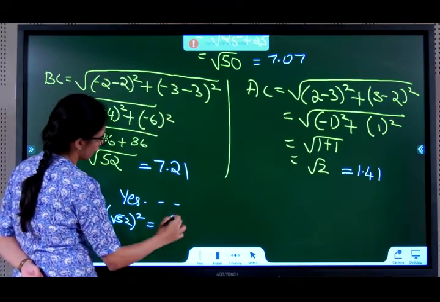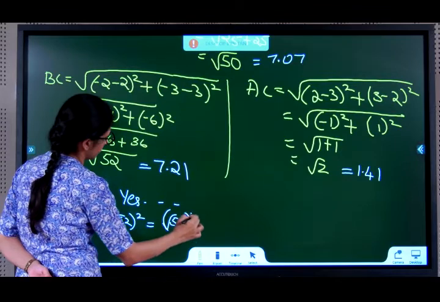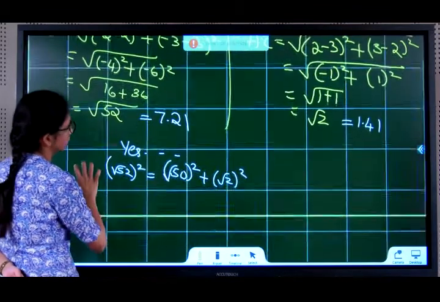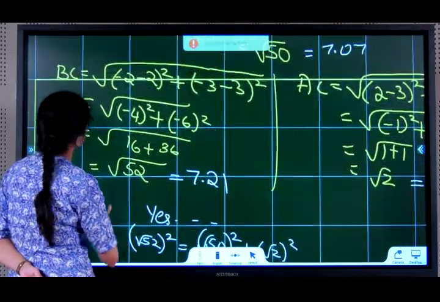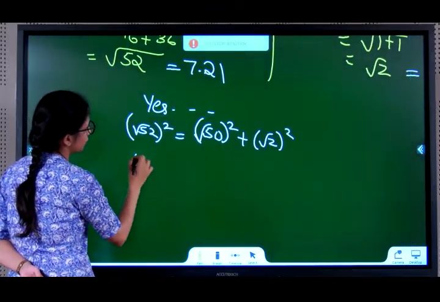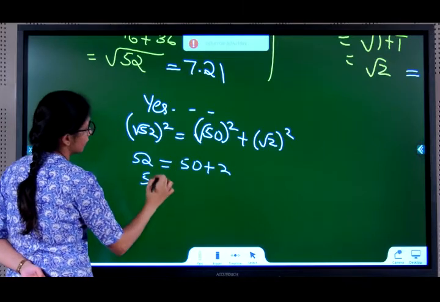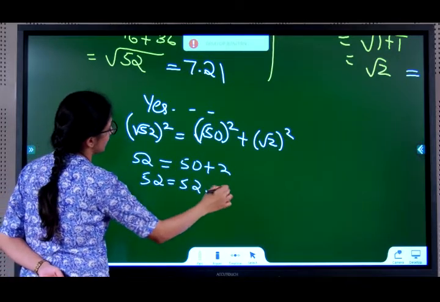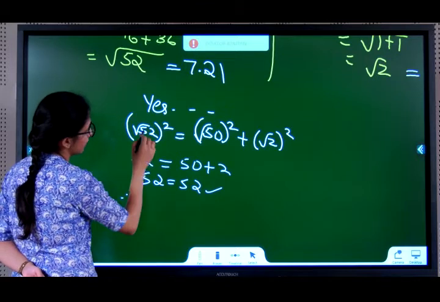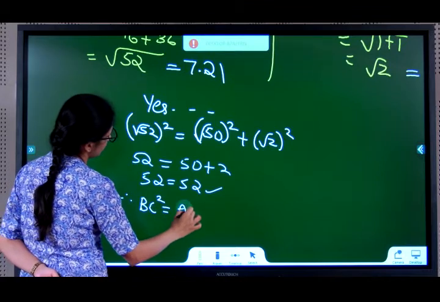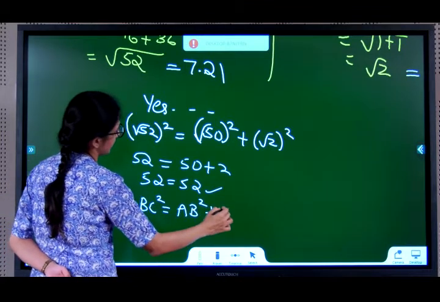That is, root 50 plus root 2 whole square. What was this? BC. So 52 is equal to 50 plus 2. Yes, 52 equals 52, valid. Therefore, BC square is equal to AB square plus AC square.